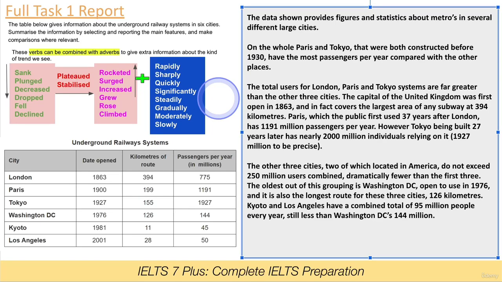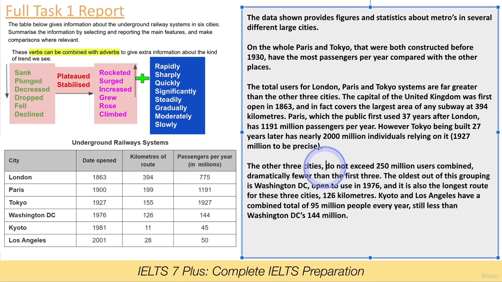Okay, let's read this back and see how it sounds. The other three cities, two of which located in America, let's remove that actually, do not exceed 250 million users combined, dramatically fewer than the first three, or maybe than the other group.